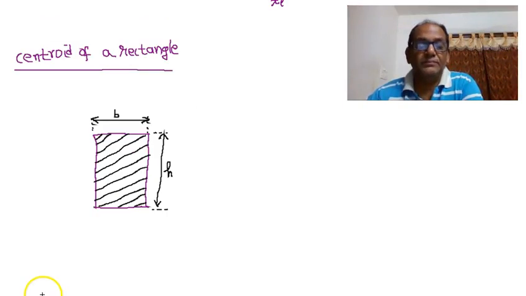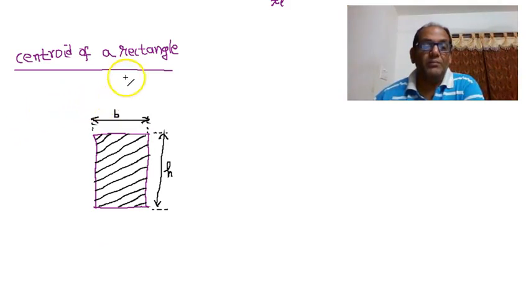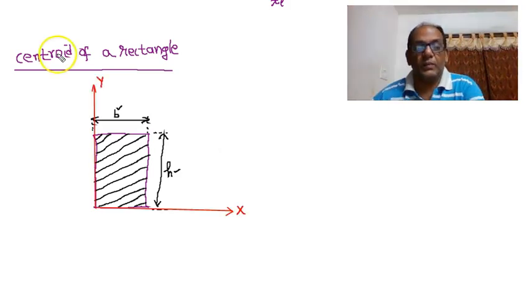Let us say that the rectangle that we want to consider has a base of B as shown here and a height of H. So the first thing we want to do to find the centroid of this plane figure is identify the X and Y axes. Let us say our X and Y axes are identified as given there.